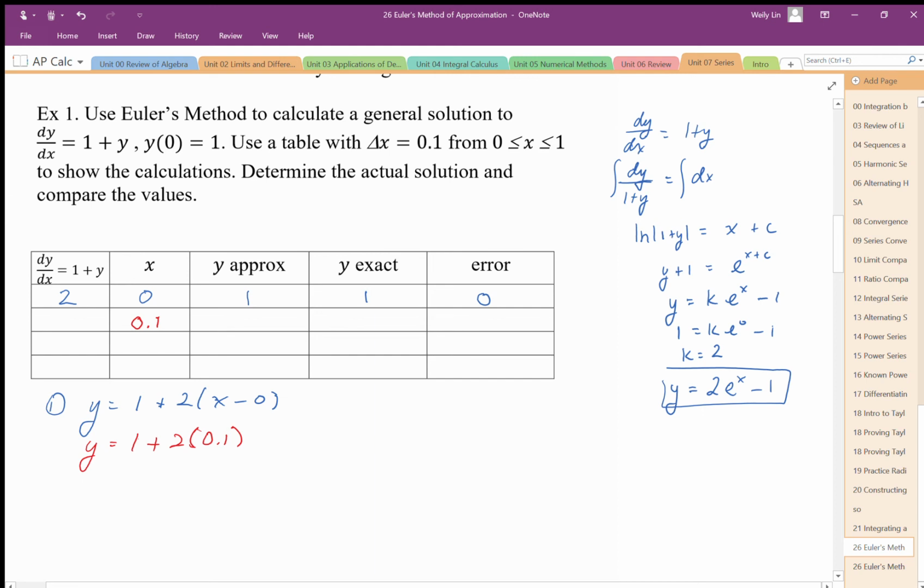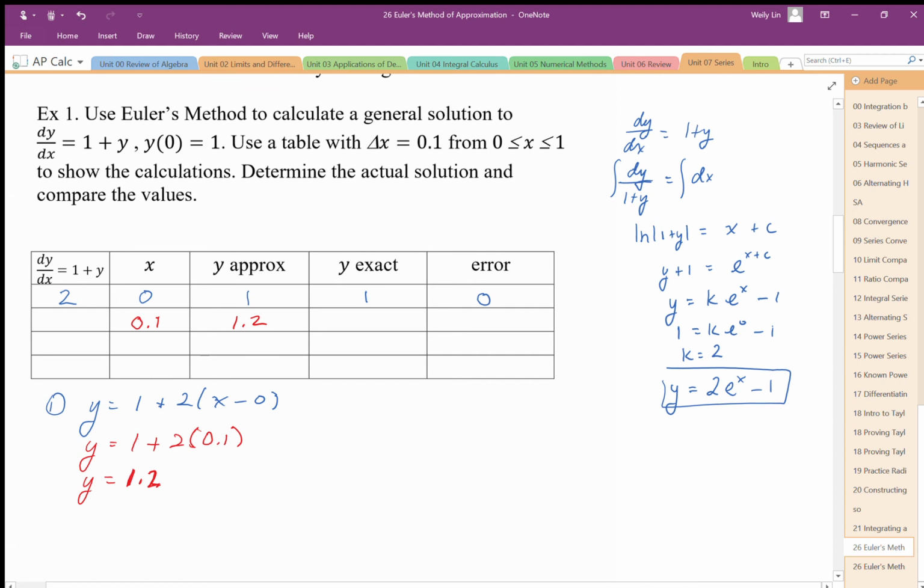Okay, so my first y approximation is going to be 1.2. And if I were to plug in my exact, we'll use a calculator to do that, but we can compare that to our exact value. So this is my first approximation.